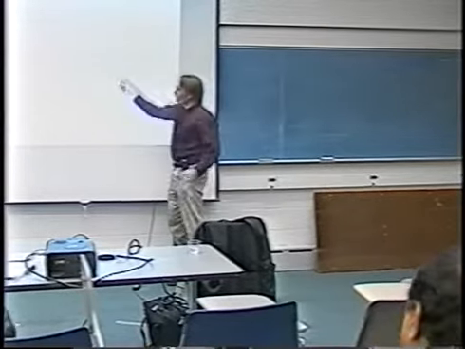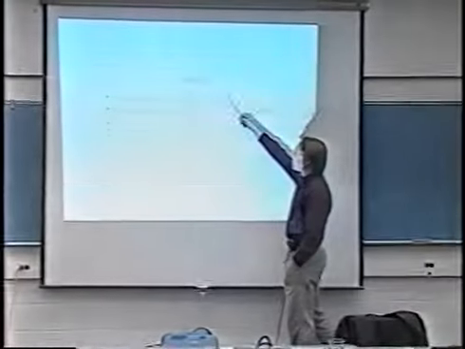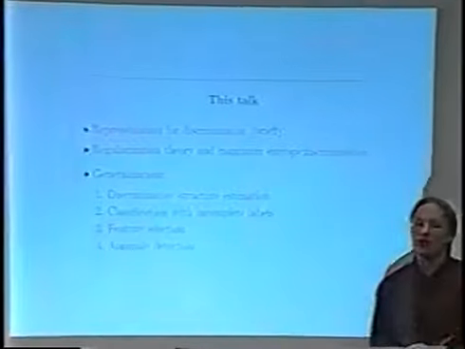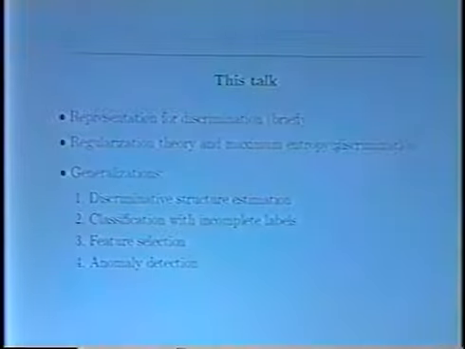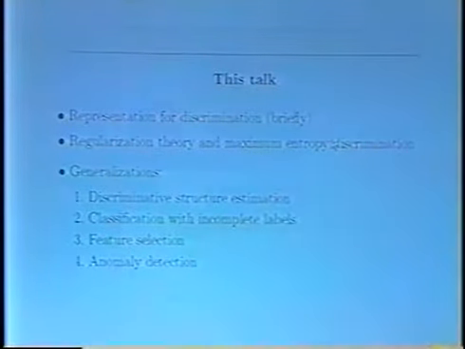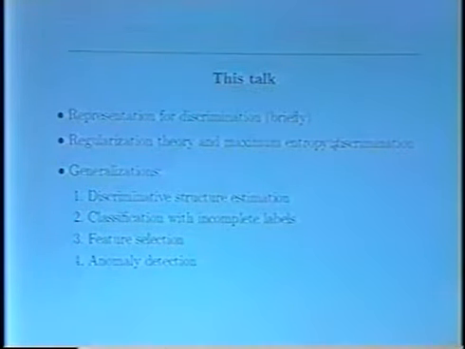So really what I'm going to talk about is a little bit about the representation for discrimination, then starting to develop the formalism based on regularization theory, leading to maximum entropy discrimination that can accommodate all these various forms of discrimination tasks that we would like to solve.